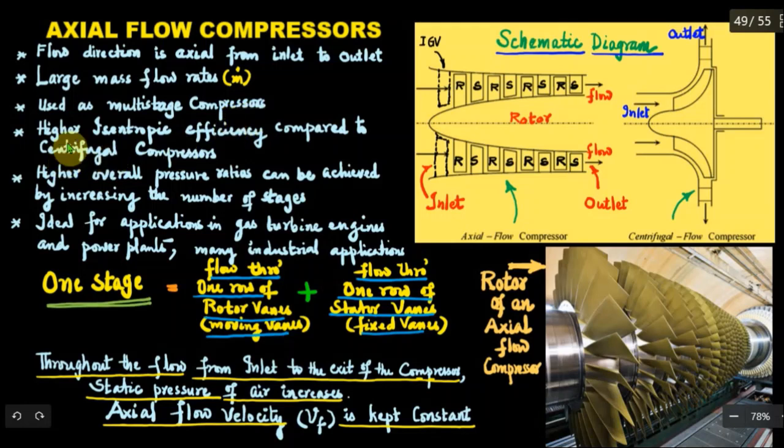A very specific advantage of axial flow compressors is that they have higher isentropic efficiency compared to centrifugal compressors. Higher overall pressure ratios can also be attained by increasing the number of stages in an axial flow compressor.